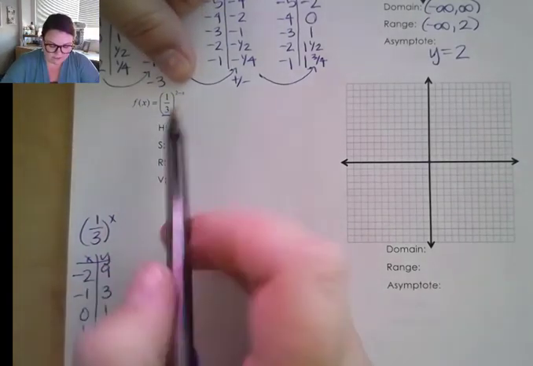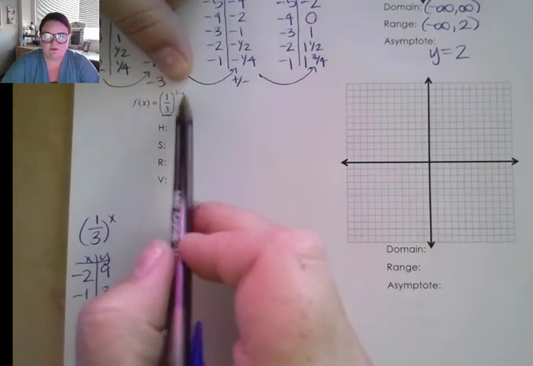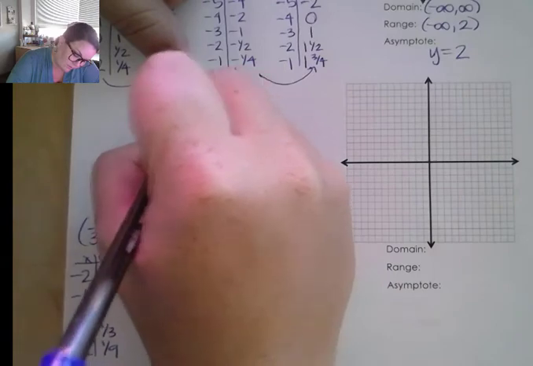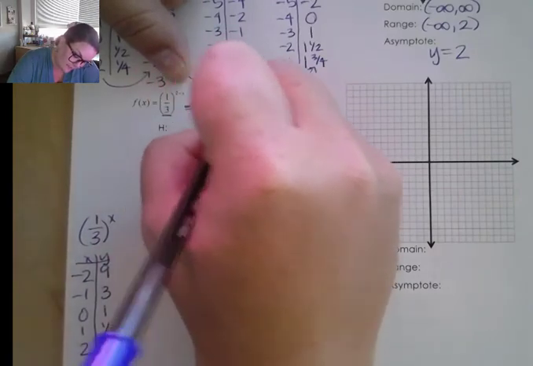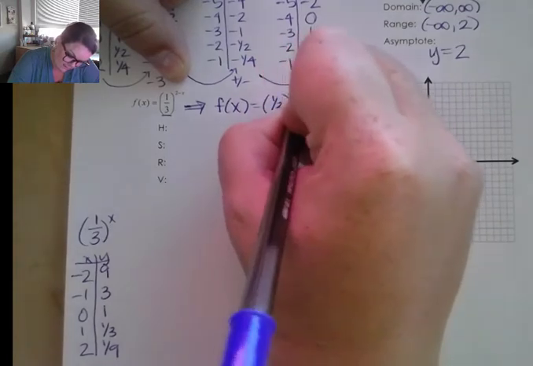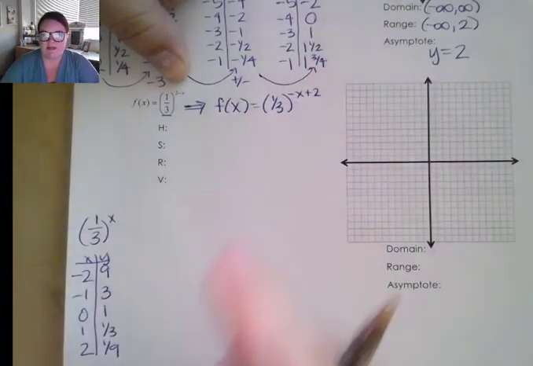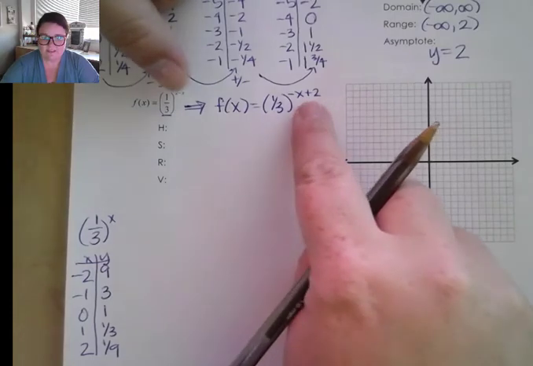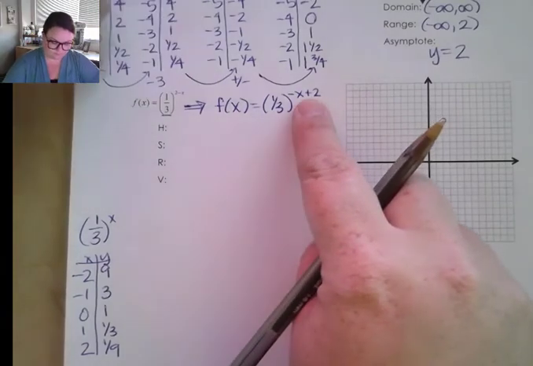And normally we see our transformations written in the opposite order. We always see our x written first. So if it helps, you can always rewrite this as f of x is equal to 1/3 to the negative x plus 2, if that helps you to better identify your transformations. Either way is totally fine with me. Okay.